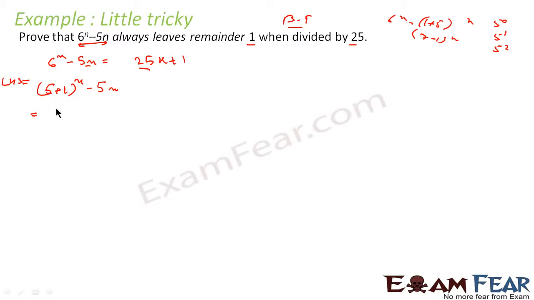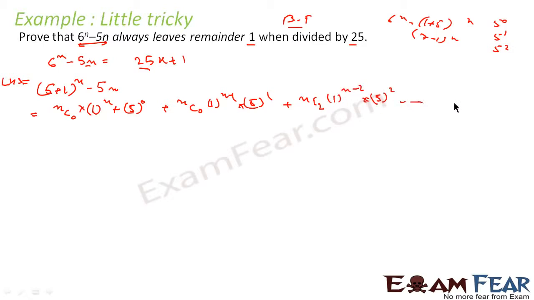So 5 plus 1 to the power n, we can say, is nC0 into 1 to the power n into 5 to the power 0, plus nC1 will decrease the power of 1, 1 to the power n minus 1 into 5 to the power 1, plus nC2 into 1 to the power n minus 2 into 5 square, and so on, up to nCn 1 to the power 0 into 5 to the power n.